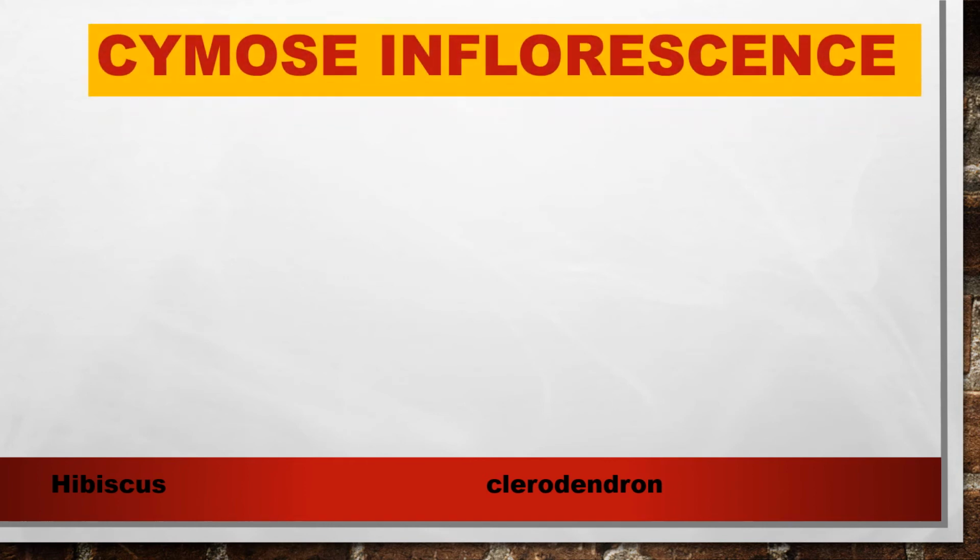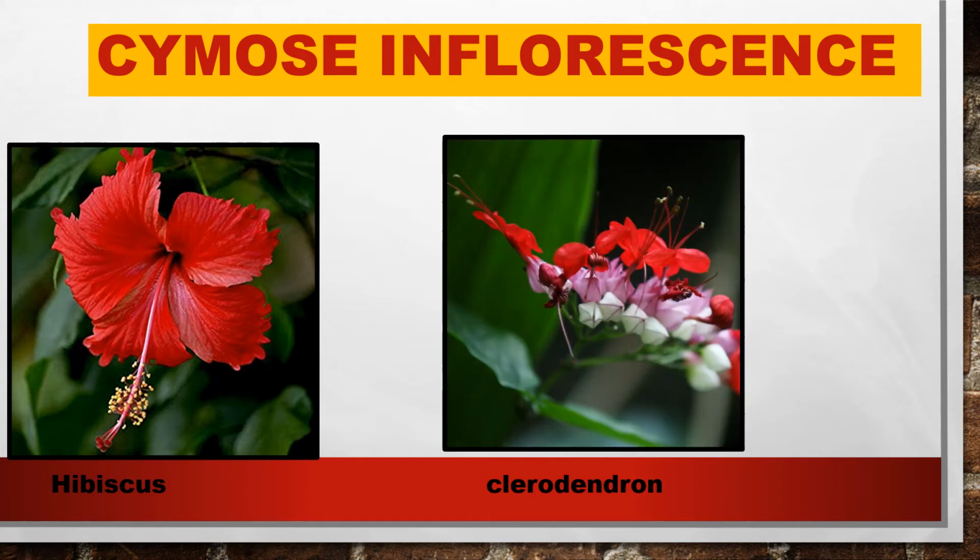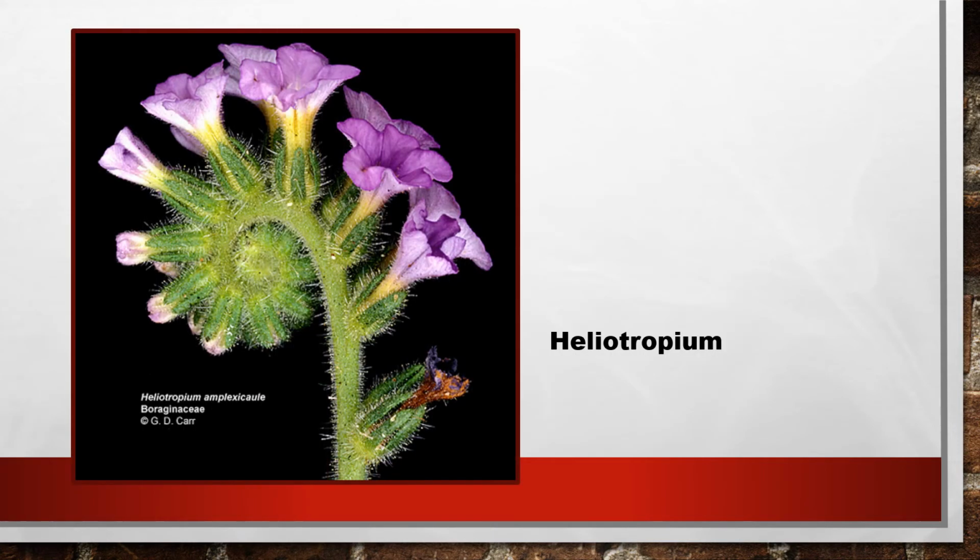Examples of cymose inflorescence are hibiscus. Hibiscus is a common simple example of cymose. Clerodendron. In Clerodendron you can see that the older flowers are seen in the middle region and the younger flowers are seen on the peripheral region. Next example is Heliotropium.